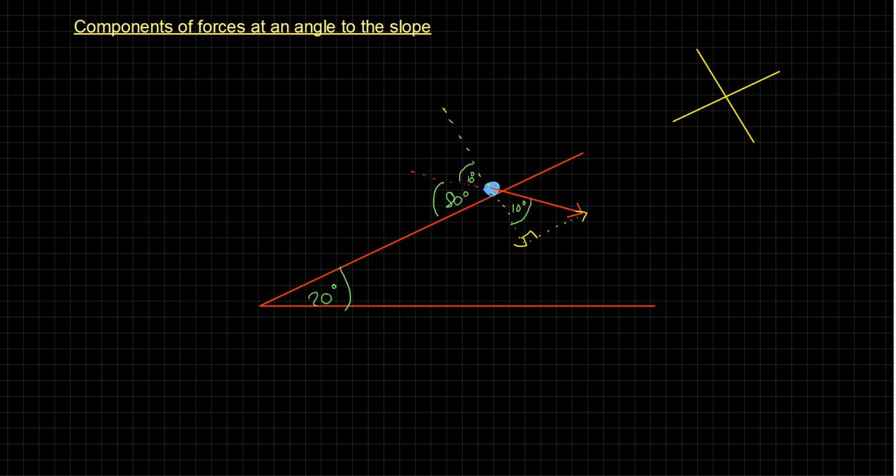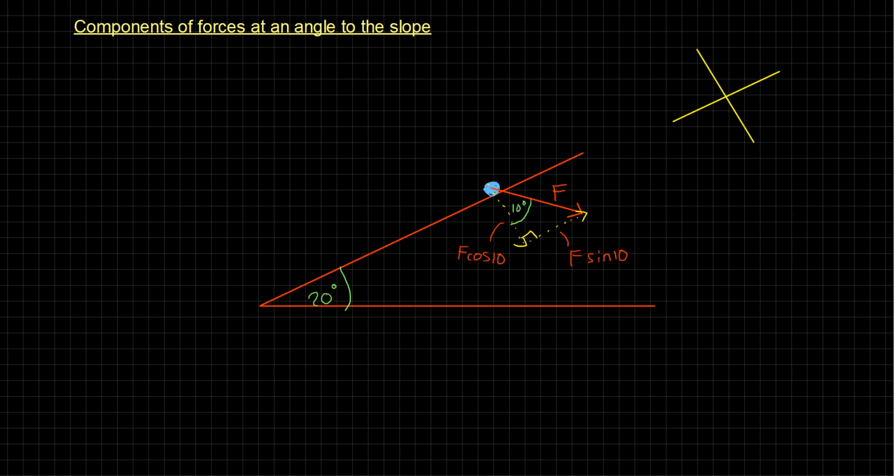So whatever that force is, let's say it was capital F newtons, then this component here is going to be the hypotenuse F times cos of 10, and this one here is going to be the hypotenuse F times sine of 10. Okay, and then we can remove all this working just to point out that this is what we were originally going for.